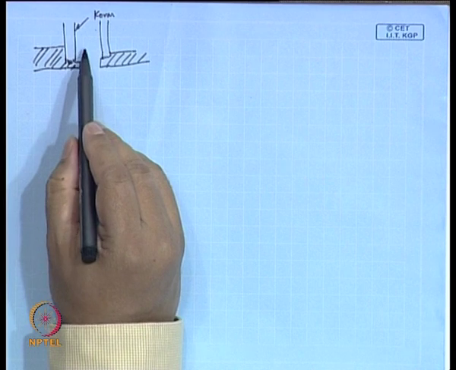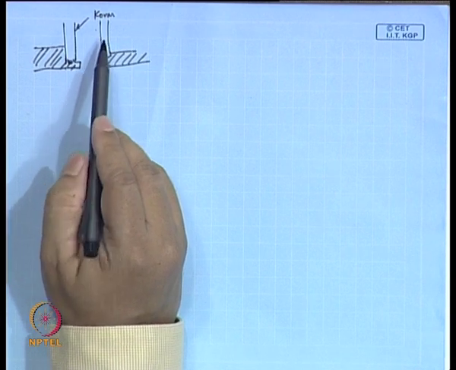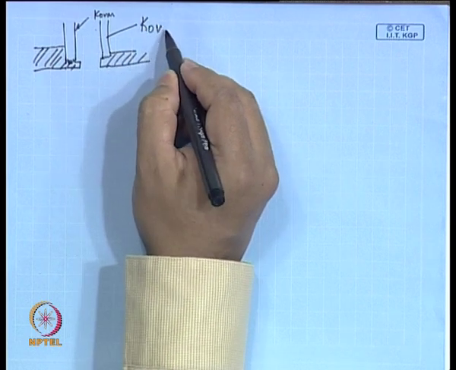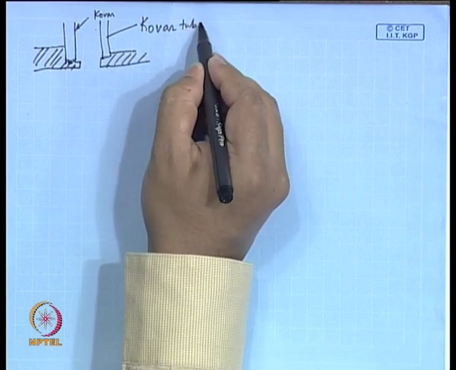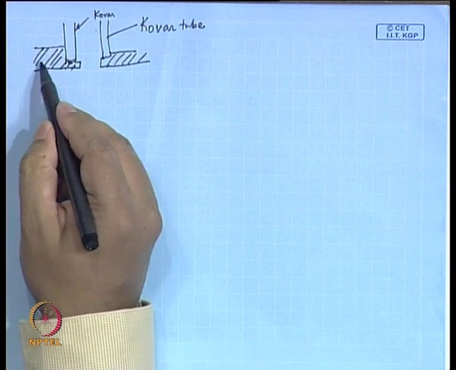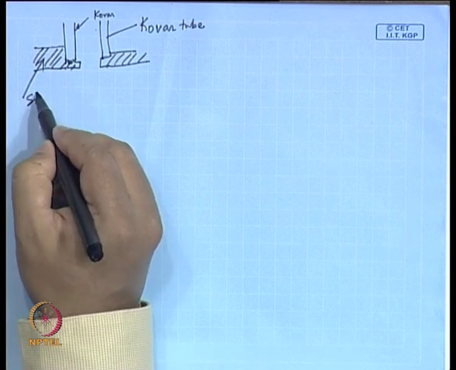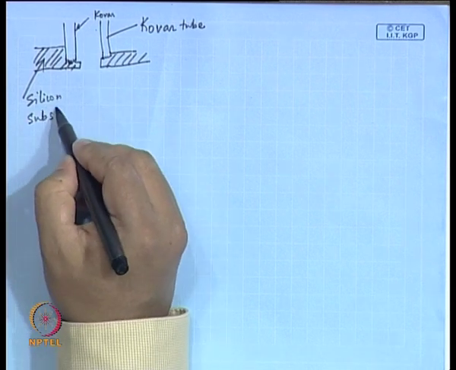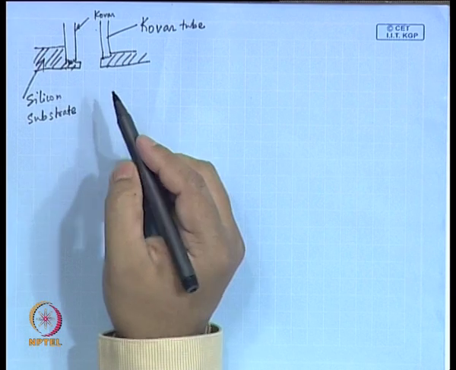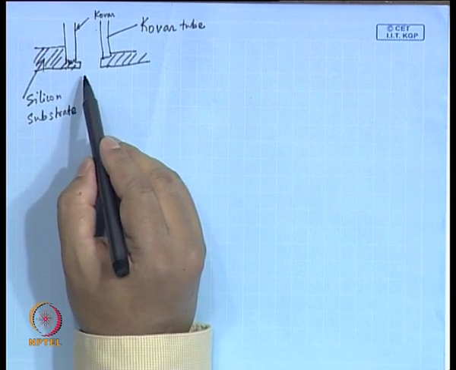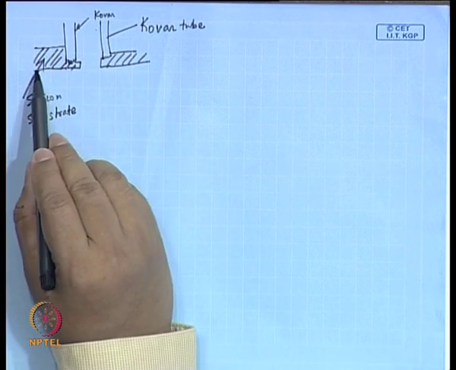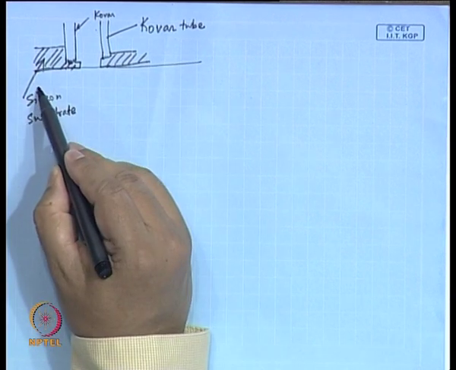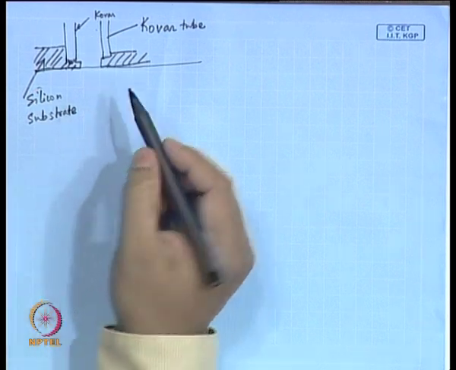So this is the fluidic access, this is the Kovar tube. This is the silicon substrate, and suppose now there is another layer here, I am sorry.